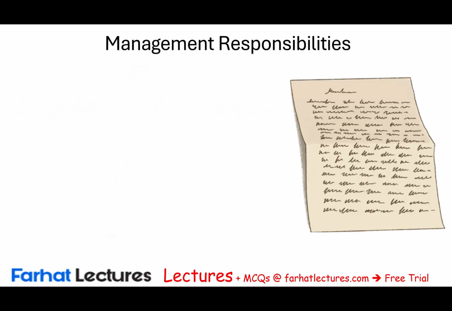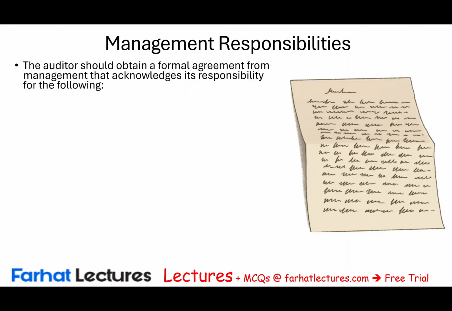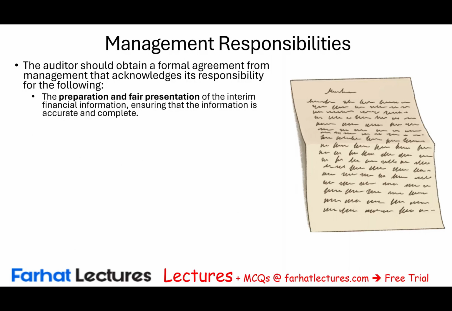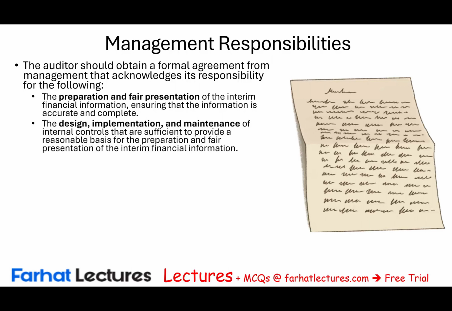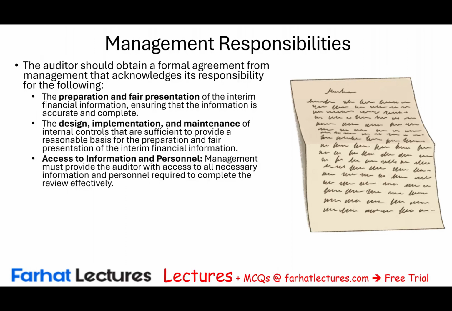Then we put down the management responsibilities. What are those? I just went over them again. Management is responsible for the fair presentation of the financial information, making sure that the information is accurate and complete in the statements. They're responsible for the design, implementation, and maintenance of the internal control. Again, repeat. Management will give us access to people, documents, whatever we need in order to review the financial statements correctly.